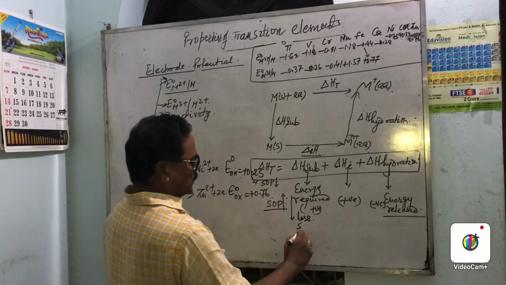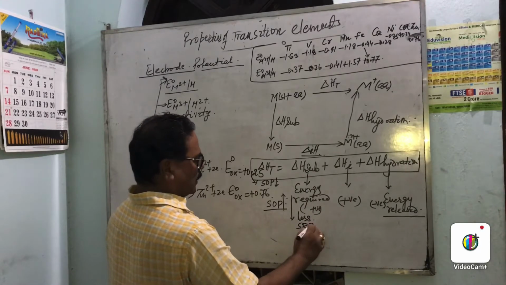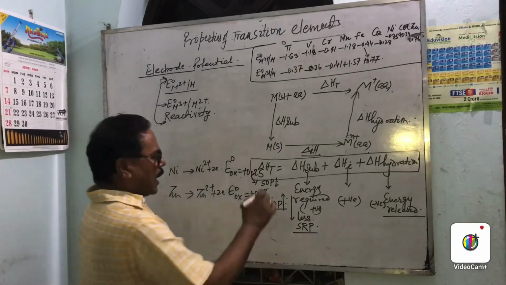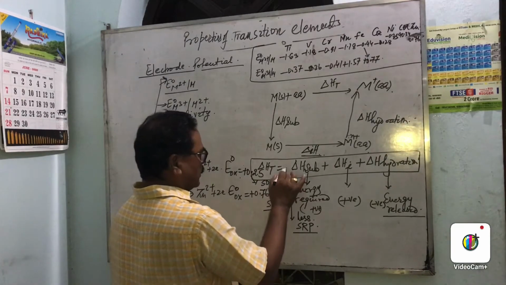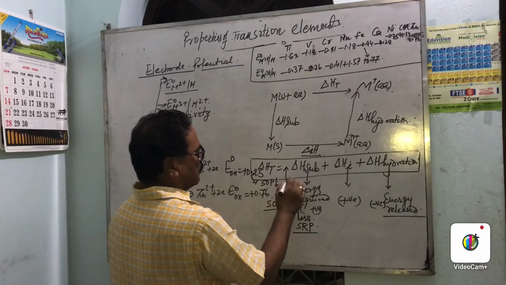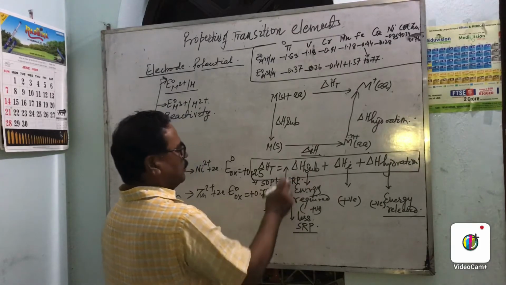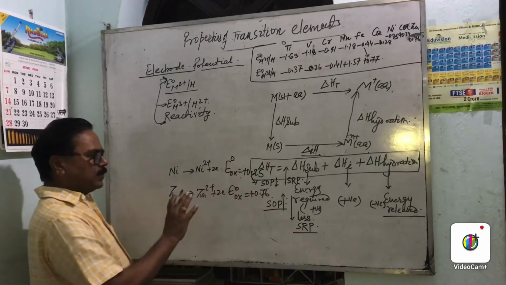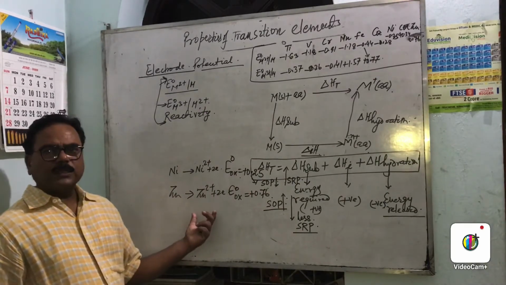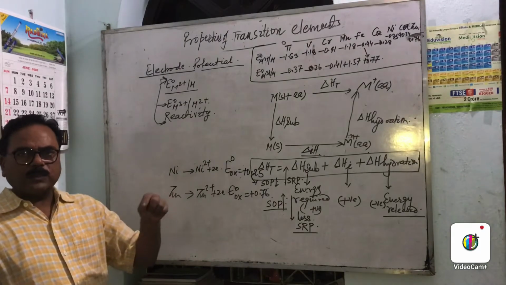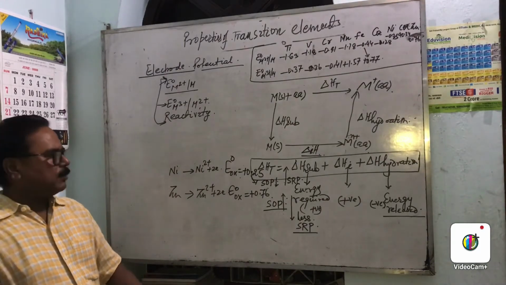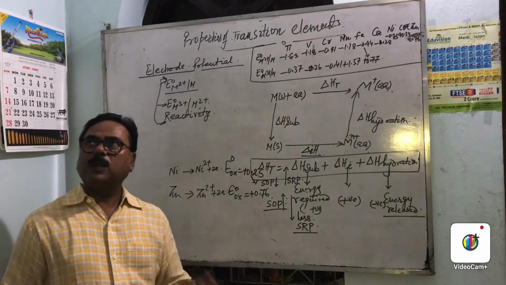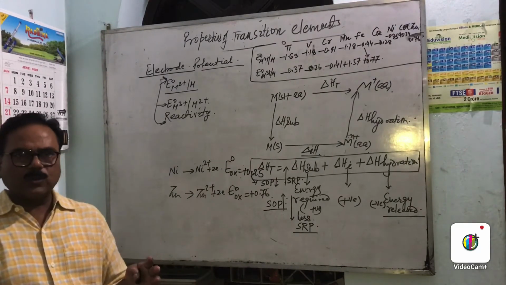If SRP, the standard reduction potential, is considered, then it will be less here, and high there. So the stability of a particular oxidation state in aqueous solution will depend upon the total enthalpy change or on the value of the standard electrode potential.